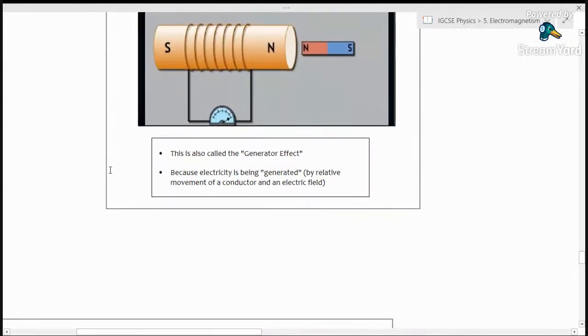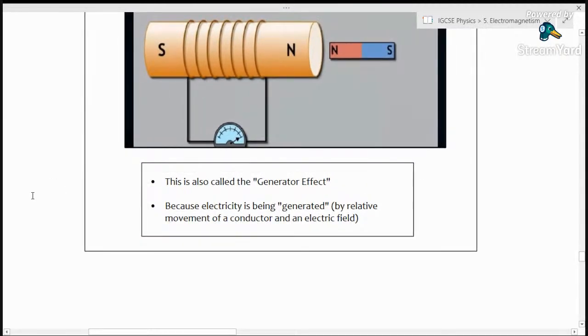And this is what we already mentioned before. This is also called the generator effect because electricity is being generated. And again, this is how all the electricity in your house is generated. It happens at some power generating station, and all they are using there are really big magnets and many, many turns of wire, and they're using movement.